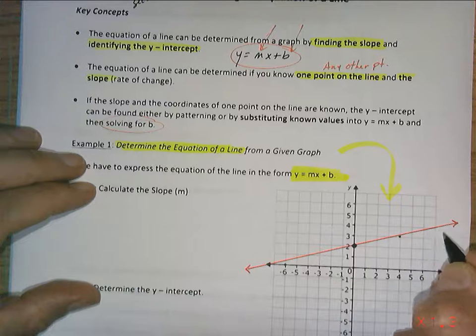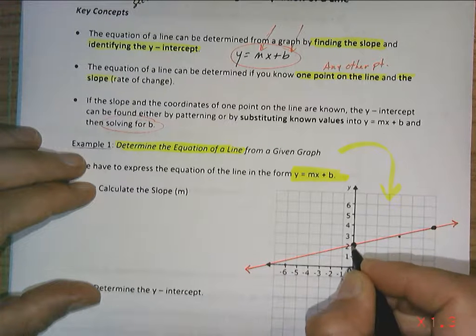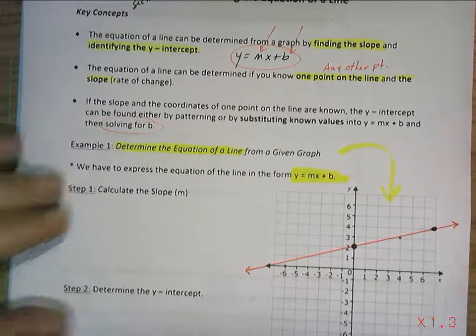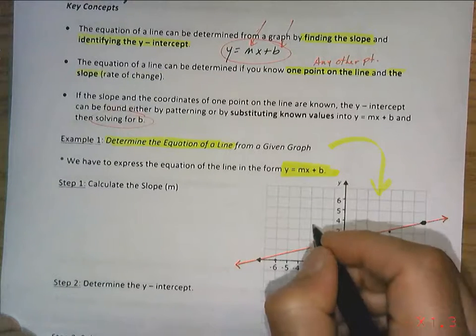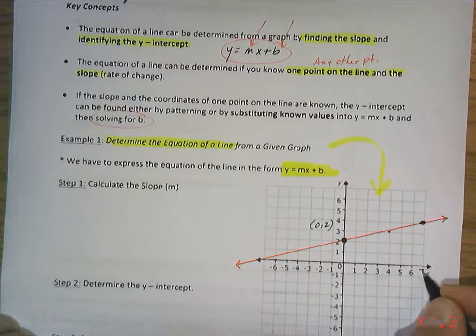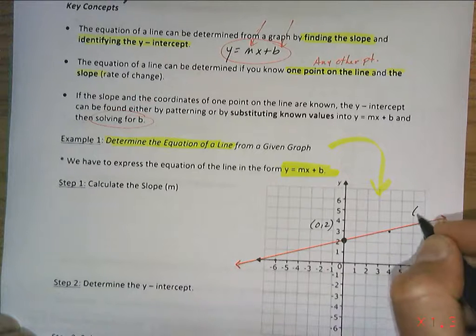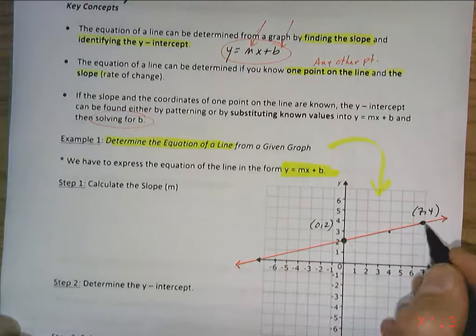Here, I'm making the dots a little bit bigger, and I'm making a bit of an assumption, but I'm going to say that this point, (0, 2), and this point, that would be (7, 4), are 2 points that lie on the line. Now I had to make the dots a little bit bigger.